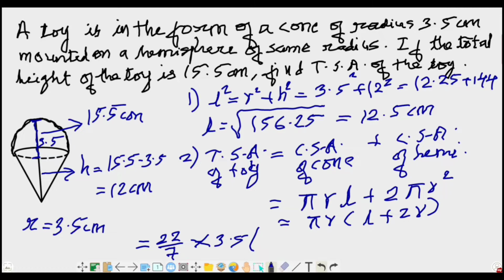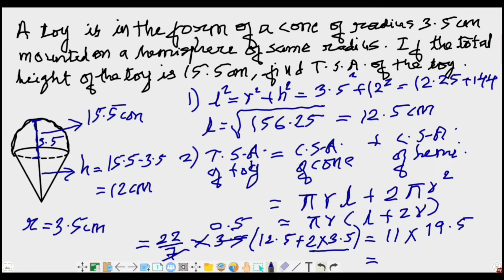Your L is 12.5 plus 2 into 3.5, which is 7. 7 ones are 0.5. 22 into 0.5 is 11. Now 7 plus 12.5 is 19.5.